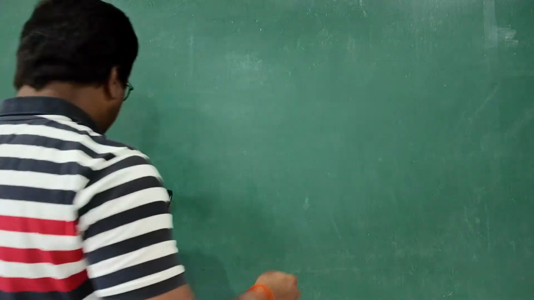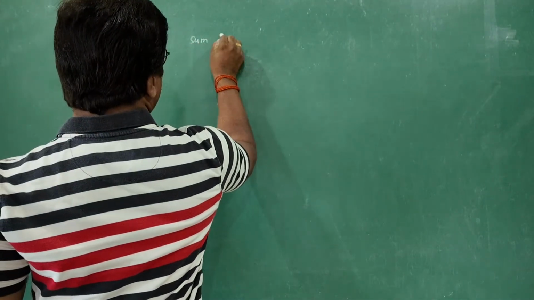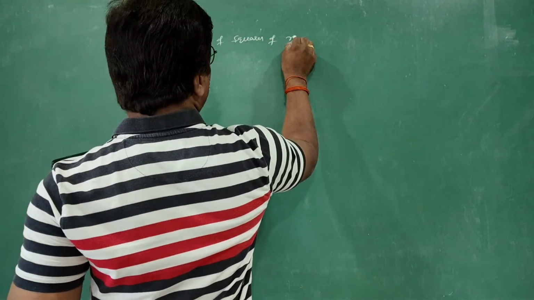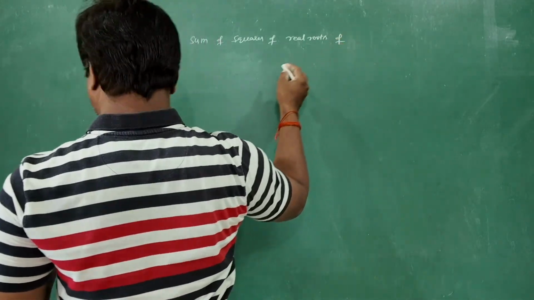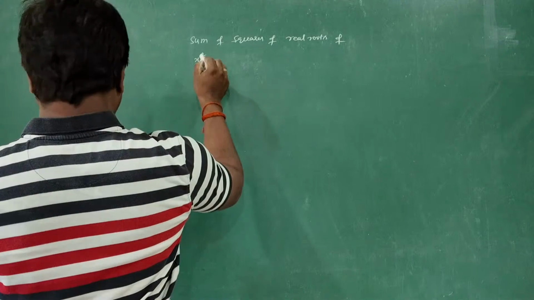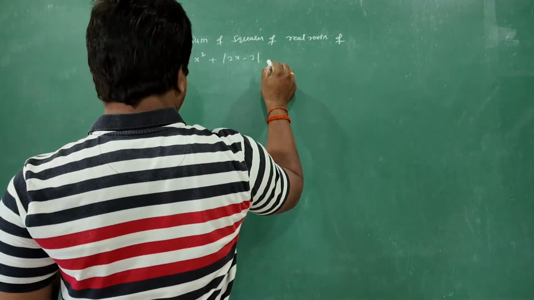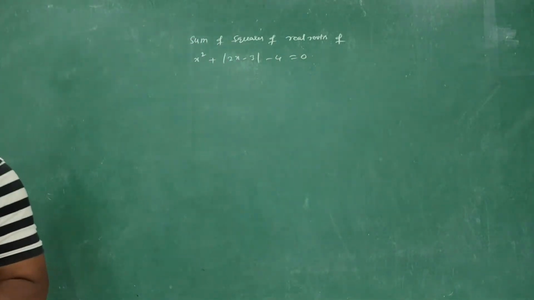The question is: sum of squares of real roots of the equation x square plus modulus 2x minus 3 minus 4 equal to 0. This is the question.